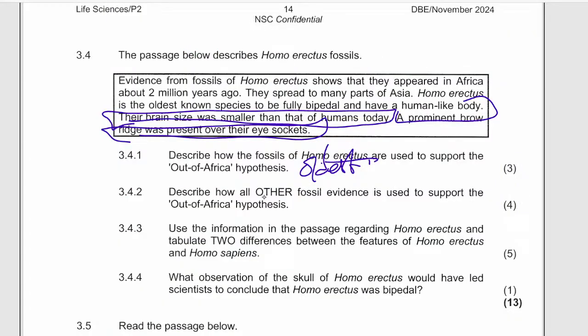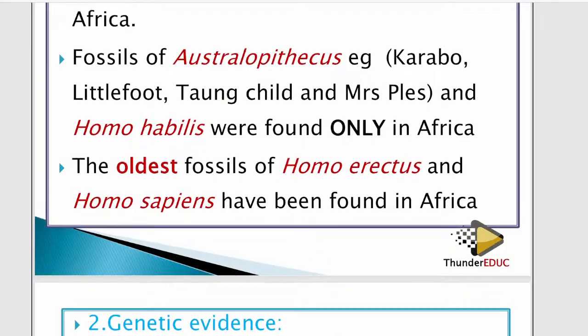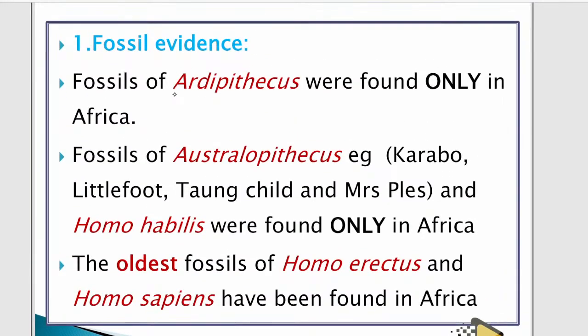Describe how all other fossils are used to support the out of Africa hypothesis. So you come back again. Fossils of Ardipithecus were only found, this word only is a key point, were only found in Africa. Then you come to the fossils of Australopithecus.